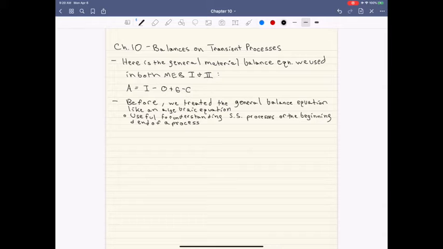Now what we're going to do here in Chapter 10 is we're going to add a little bit of complexity. And we're going to start treating our material balances, and even our energy balances as well, like differential equations.